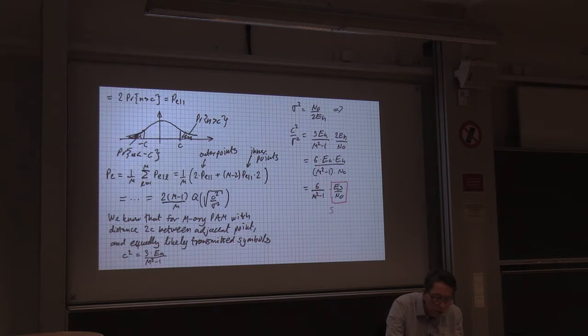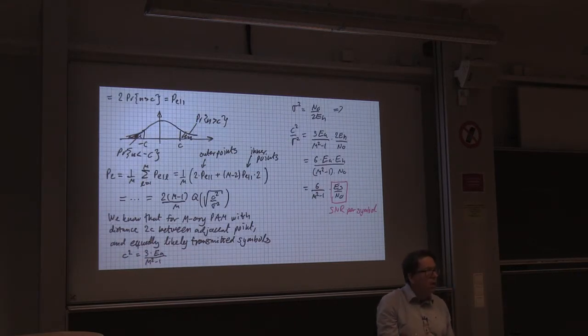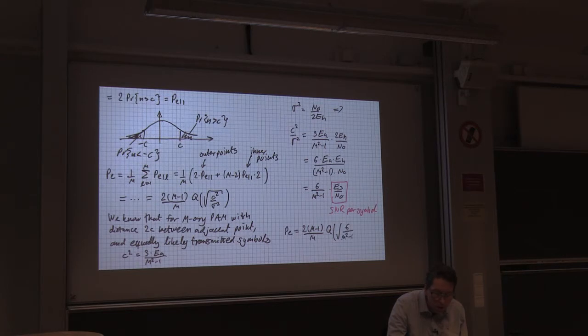It is sometimes known as the SNR per symbol, because we have ES over N naught. If it was EB over N naught, that would be the SNR per bit. But to finalize everything, the error probability we have is then 2 times m minus 1 divided by m times Q of the square root of 6 over m squared minus 1 times ES over N naught.